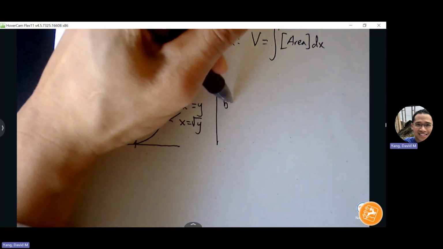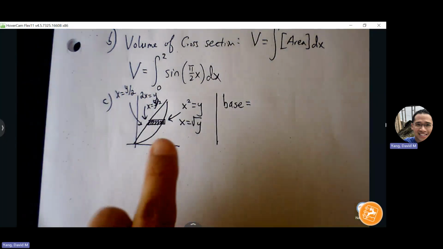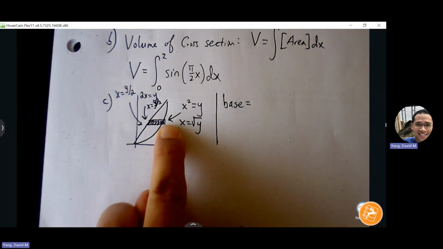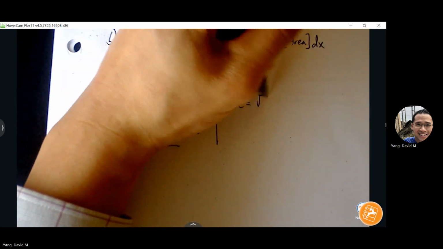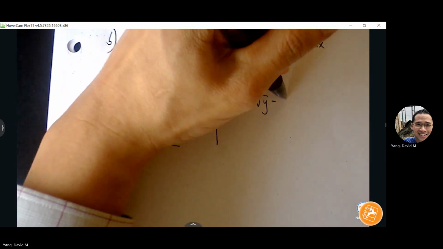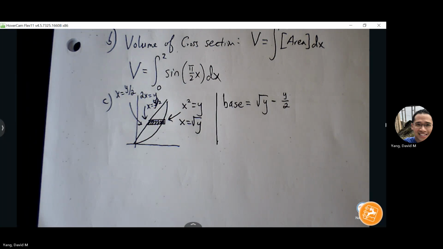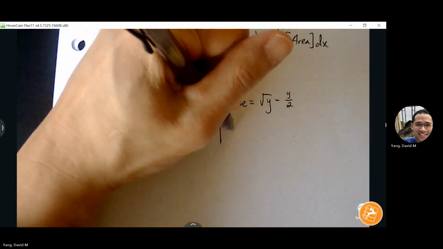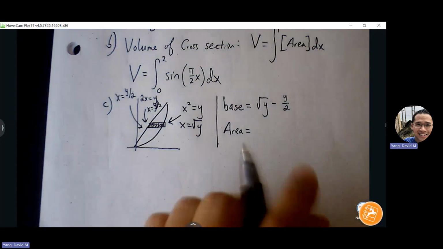Okay, let's build our base. Base length is right minus left. The right endpoint is sitting at the root y. The left endpoint is sitting at y over 2. Now we have to build the square component.